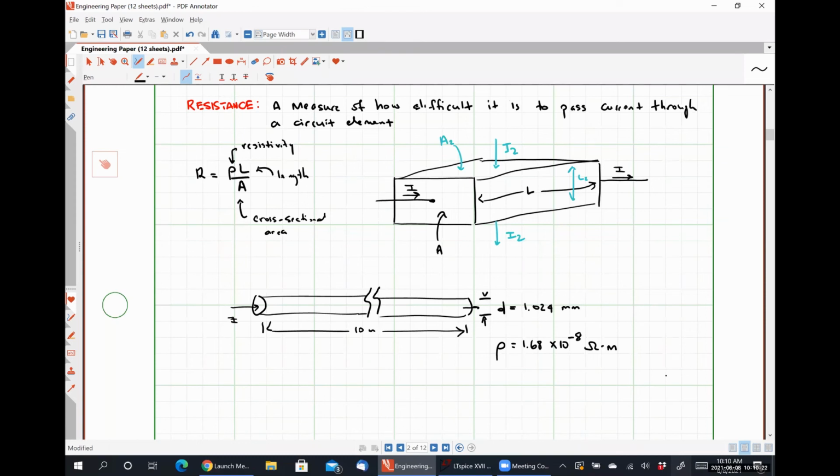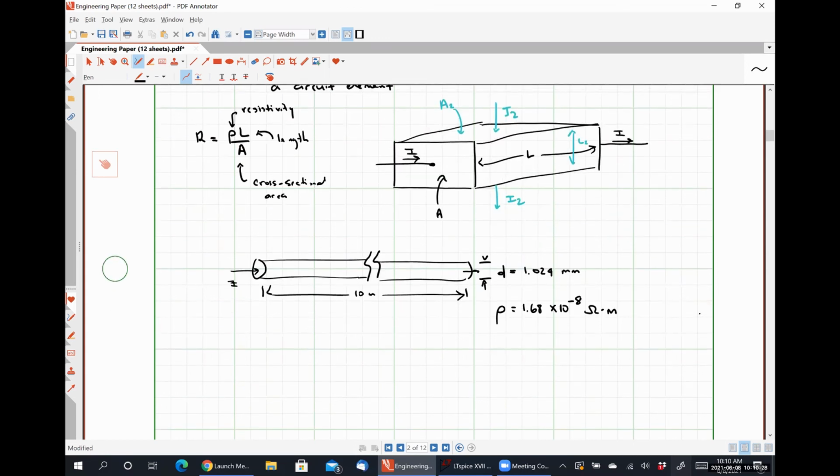If we wanted to figure out what the resistance of a 10-meter long section of wire was, we could simply plug these dimensions effectively into our equation.